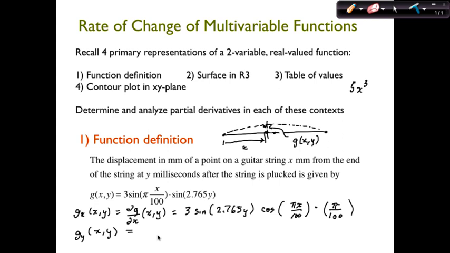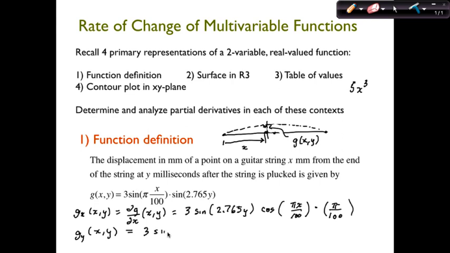Okay, Travis, did you get this one? No. You get started? Yeah, sure. So it would be 3 negative cosine. Are you working on this, or this? We're doing the partial with respect to y. Oh, yeah, I was starting with y. So what happens with that? Would it stay the same? It stays the same.